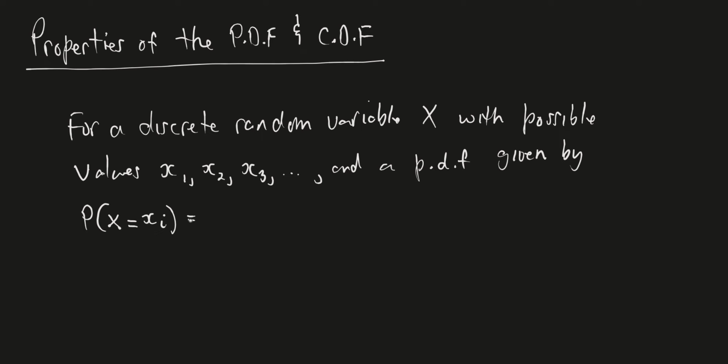And we had said that sometimes, just so that it looks more like our typical function notation, we might use a lowercase f to represent this, right? And you'll still have your x sub i in there, right? So again, let's quickly recap. We have a random variable x. It has these possible values, and then it has a PDF that we're just using this kind of generic notation for, right?